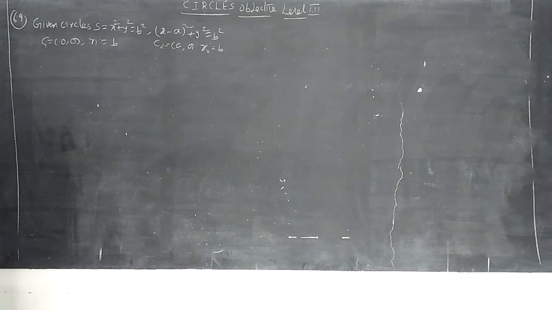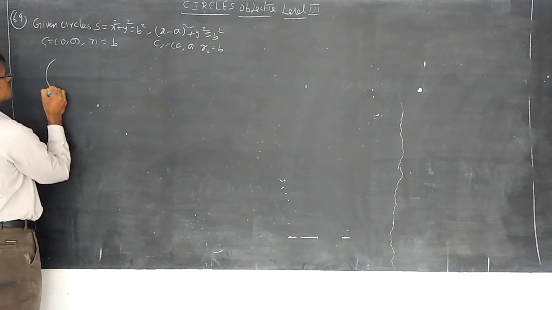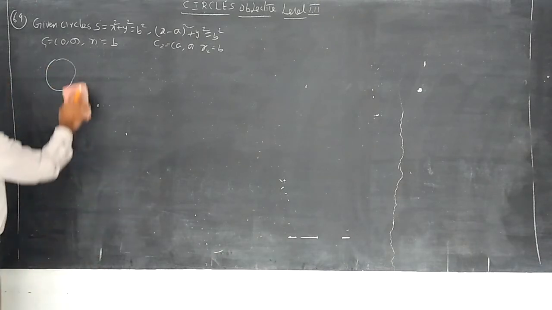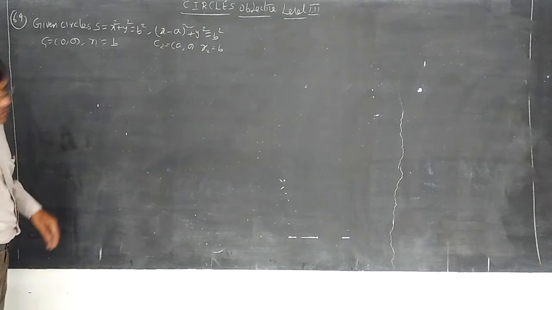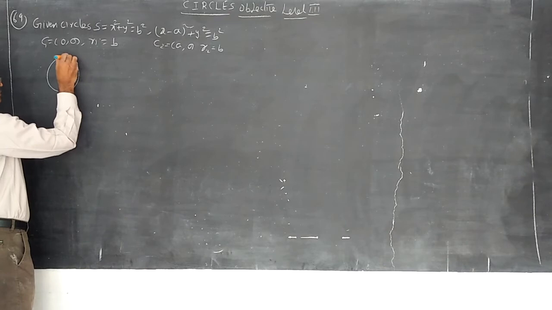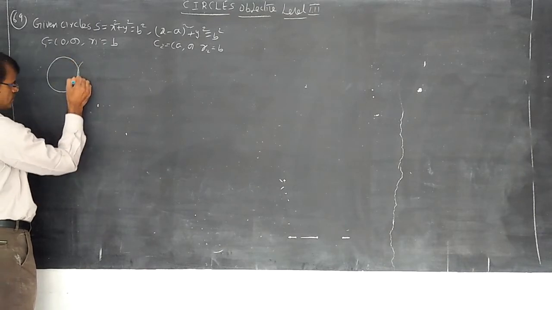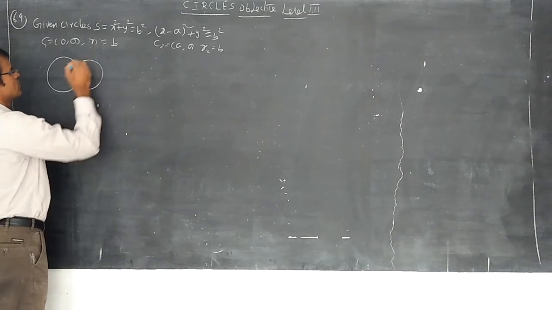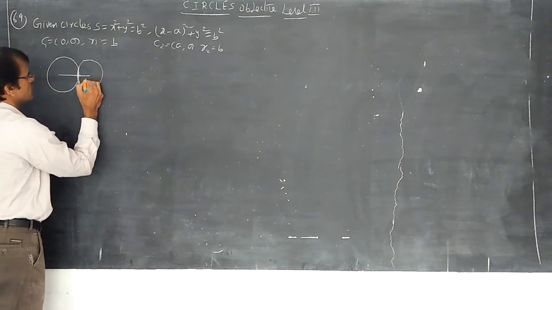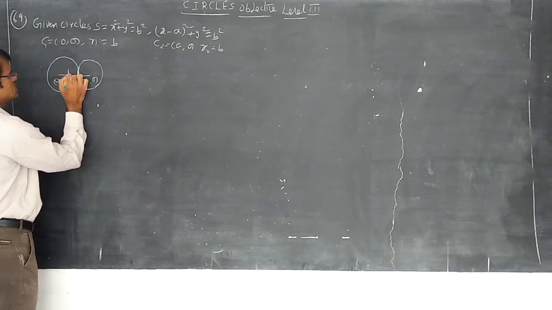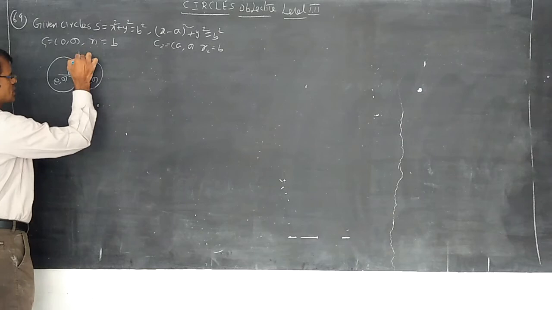Now the tangent is a line given as the common tangent. Let us draw the circles according to the centers. C1 is 0 comma 0, C2 is a comma 0, so we can consider the two points on the x-axis having the same radii. Put here a comma 0, put here 0 comma 0. This is b, this is also b. This is the common tangent.